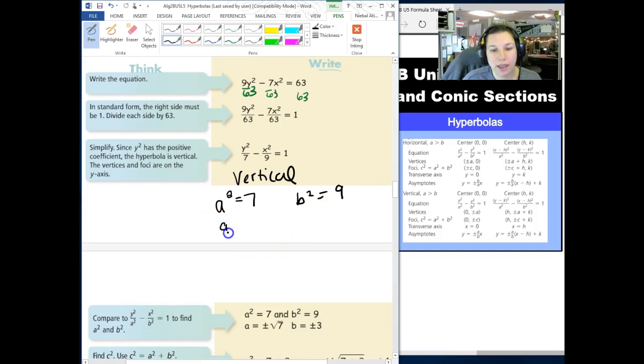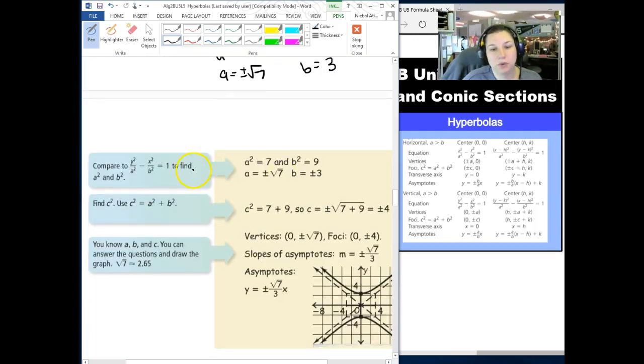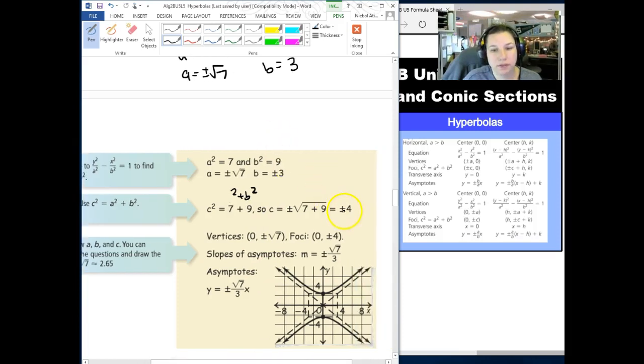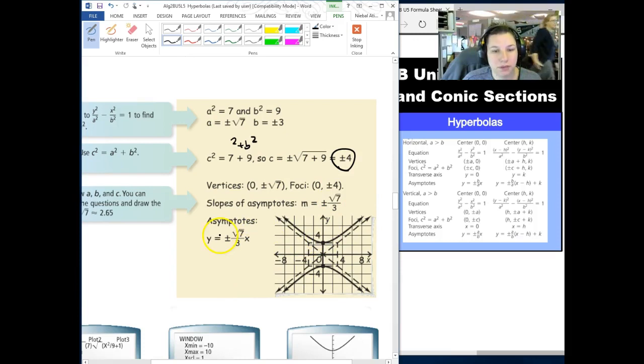So you can find a is the square root of 7. That doesn't simplify anymore. And b is going to be 3. And then we use c squared equals a squared plus b squared to find c. And then they're filling in all those pieces to graph it.